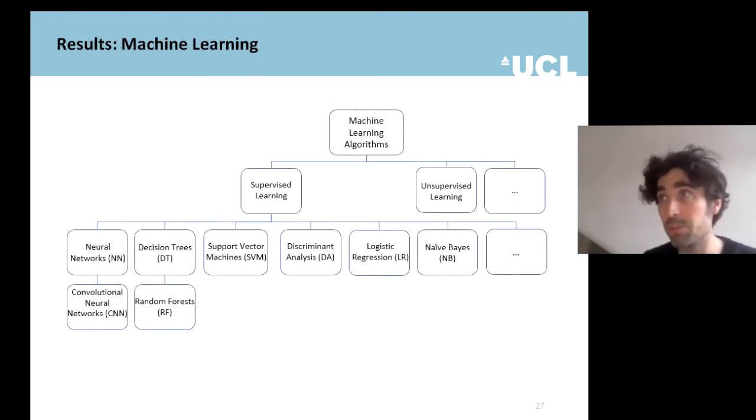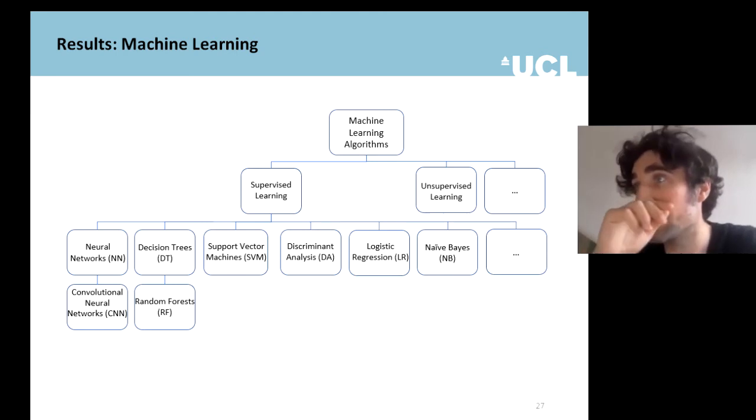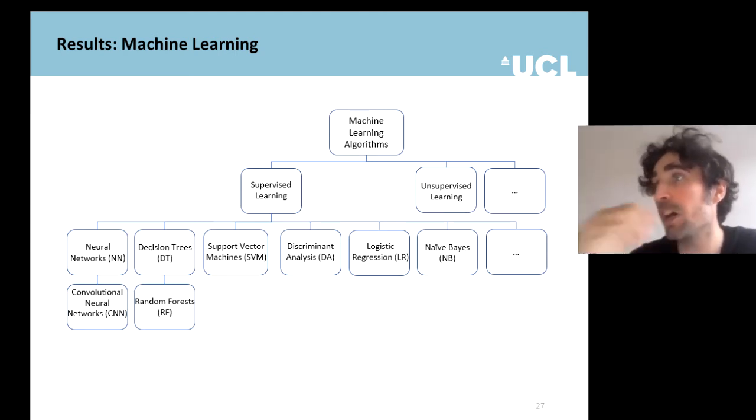So the second part of the review was to look at the actual methods that people are applying when detecting early keratoconus. This slide is definitely beyond the scope of this talk, but it's a very brief idea of all the different types of algorithms that are used in detecting keratoconus. There's been a fair amount of work in this area.